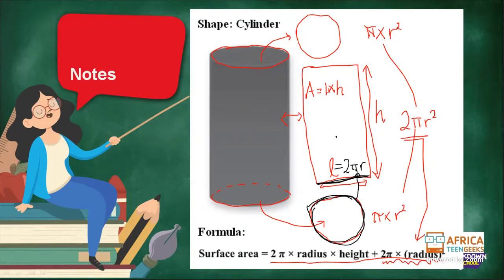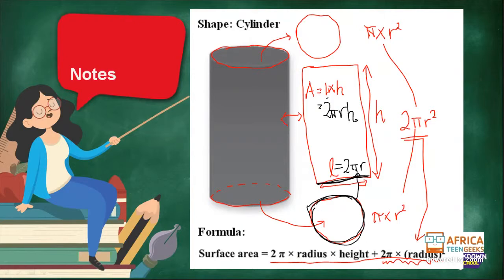So now, substitute your length with the formula for circumference. It is 2 times pi times r. So your length is 2 times pi times r, times your height.